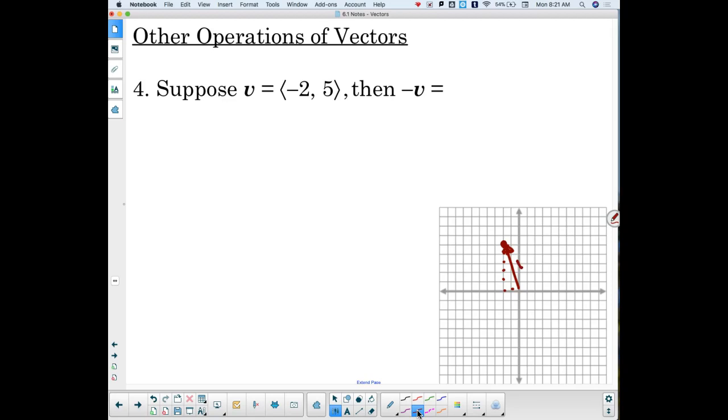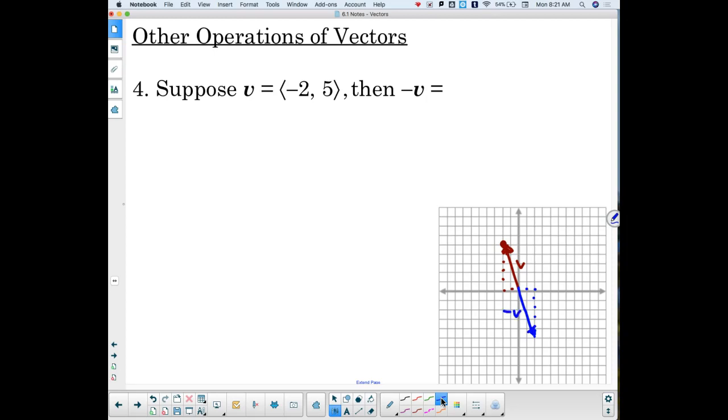If I think about it, where would I think the opposite of v, or negative v, would be? What would you guess? Ah, that's a great guess. Exactly. The opposite of -2 is +2. The opposite of +5 is -5. So that one makes a whole lot of sense. A lot of times with vectors, these first couple operations just make a whole lot of sense.